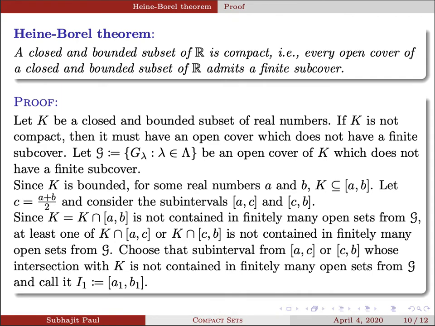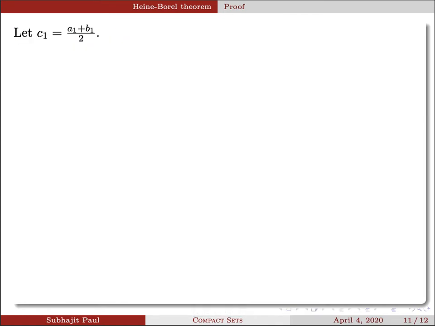Okay? Choose that subinterval, that portion which is not contained in finitely many open sets from G. Choose that subinterval, either from the left part AC or from the right part CB, whose intersection with K is not contained in finitely many open sets from G, and call that subinterval I1 as A1 B1. Fine. Now let's do this process once again. C1 is the midpoint of A1 B1, (A1 plus B1) by 2.